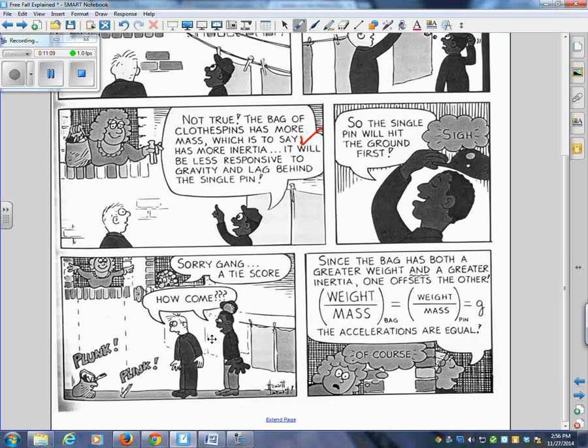As we said in the previous page, big weight over big mass is the same ratio as little weight over little mass, and the acceleration due to gravity is the same. What about big mass and big acceleration? Can you have big mass without big weight?